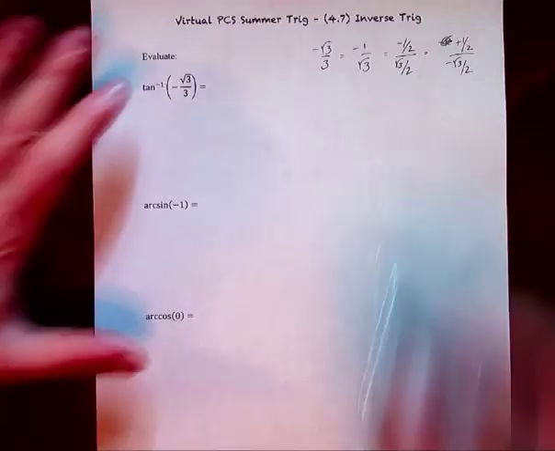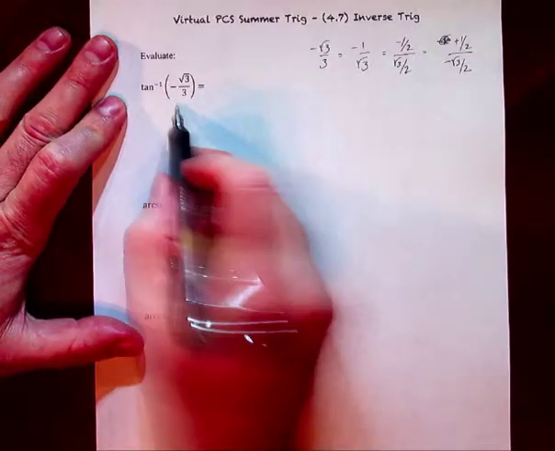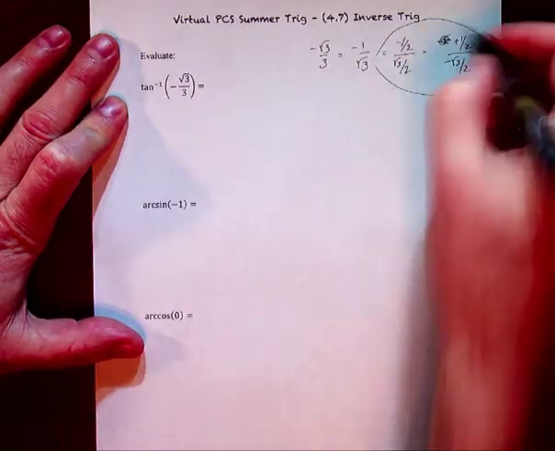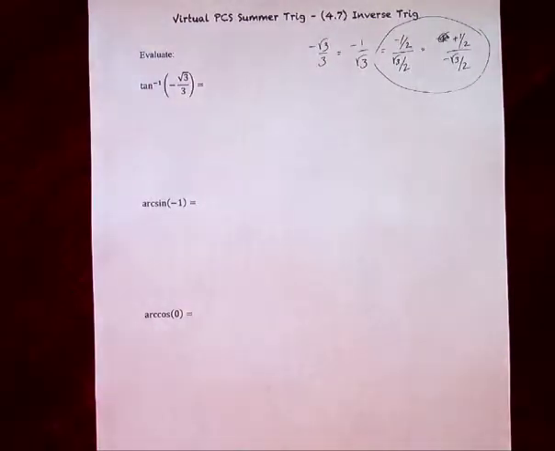So basically, if you're looking for this, you're asking yourself either where is the sine ratio negative 1/2 and the cosine ratio root 3 over 2, or where is the sine ratio 1/2 and the cosine ratio root 3 over 2. Now, that only happens once within the range for arctan.